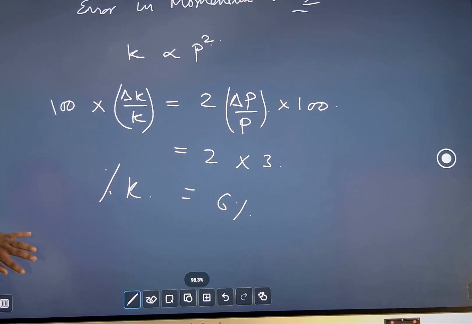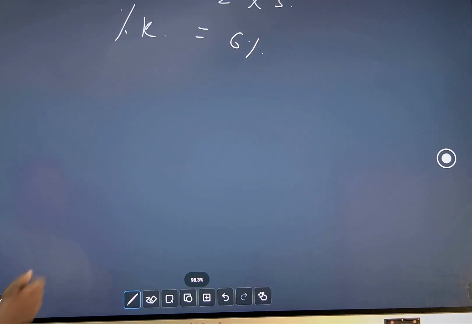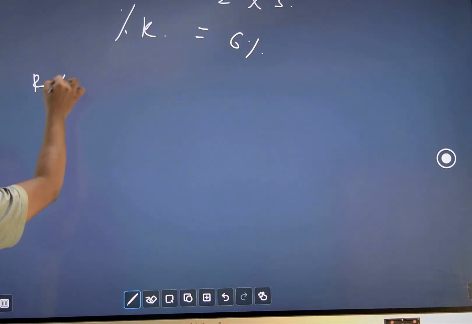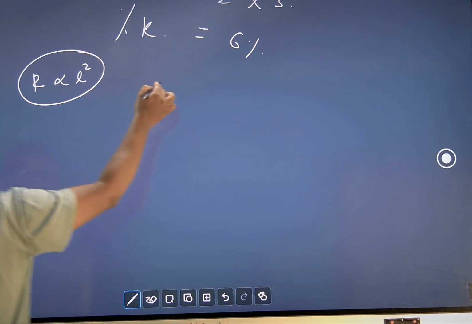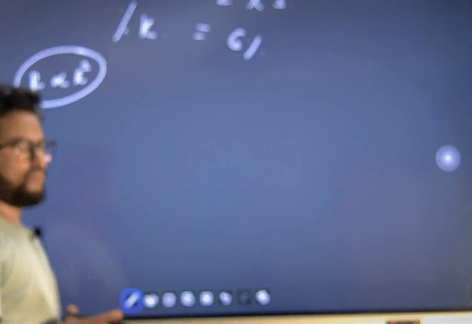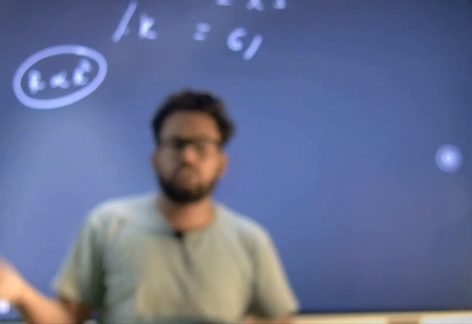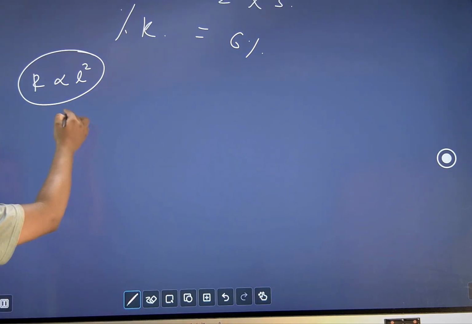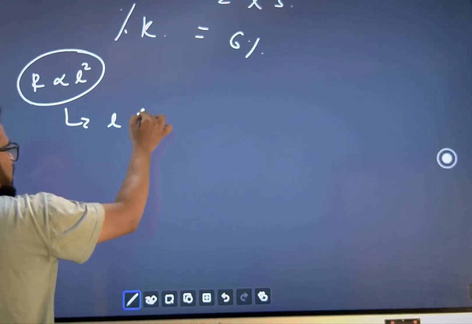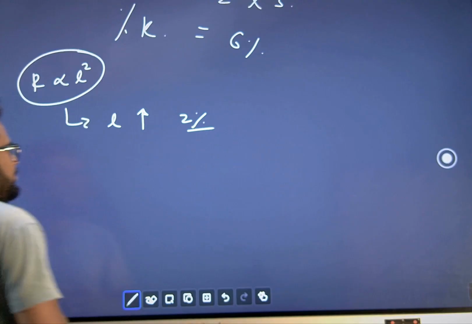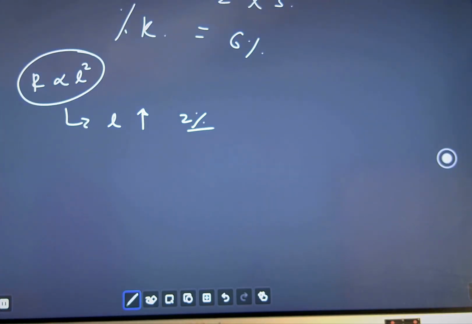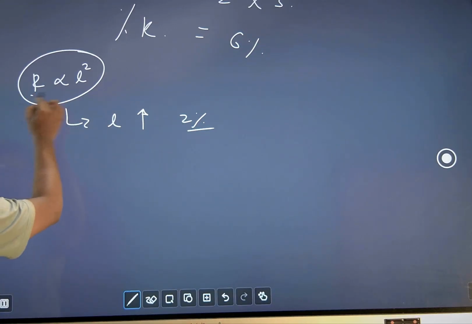Okay. Same thing. Resistance is proportional to L square when stretching the wire. So when you are stretching the wire, resistance is directly proportional to length square. So again the question is: length increased by 2%. Length increased by how much? 2%. Then what is the percentage increment in resistance? Clear? So again R is proportional to L square.